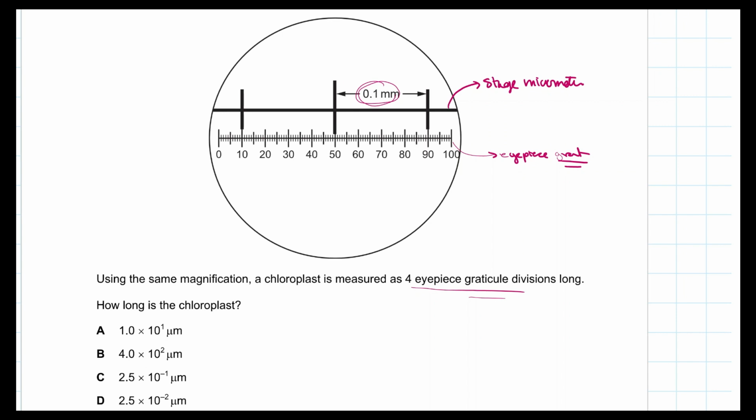This is the formula: size of one eyepiece graticule unit equals the size of the known micrometer division, divided by the number of eyepiece graticule units.